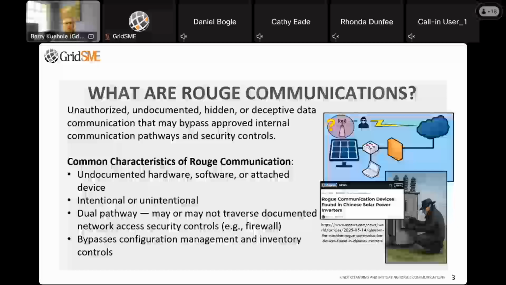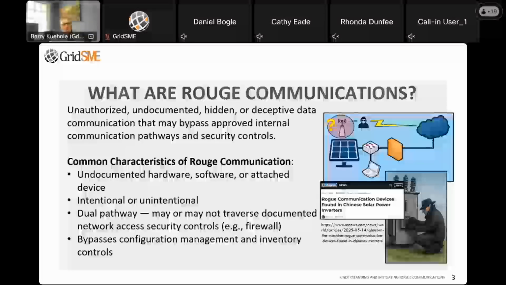Okay, so what are rogue communications? Rogue communications are unauthorized, undocumented, hidden, and usually deceptive in nature as well. So basically, they're clandestine communications that have been put into a device or software.